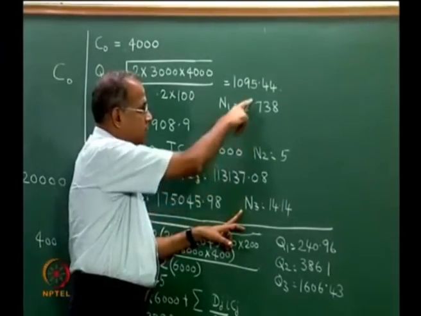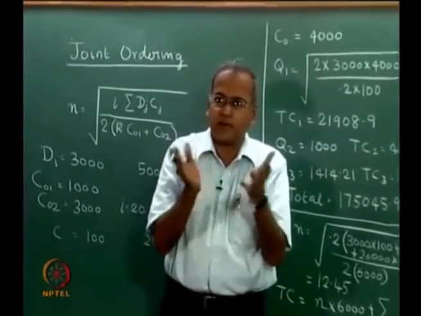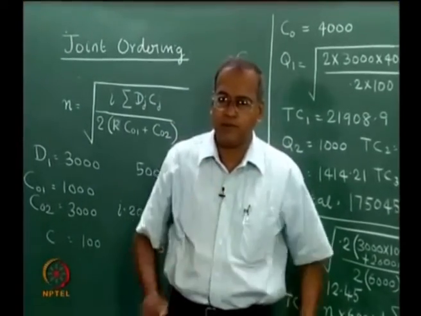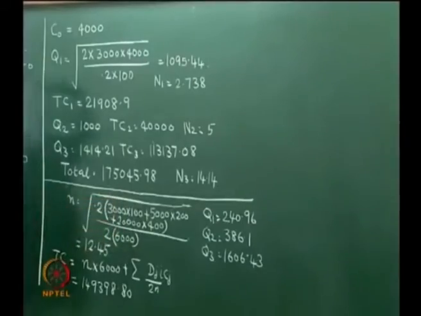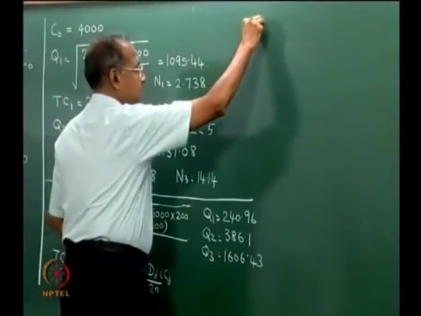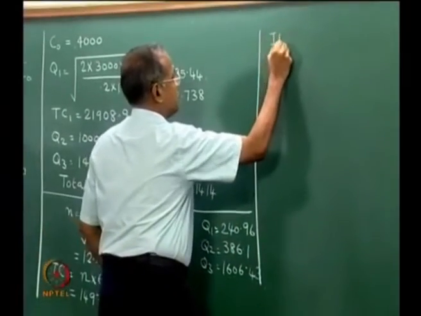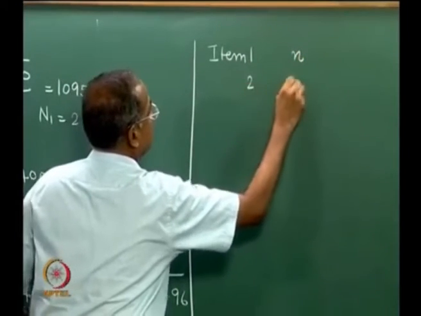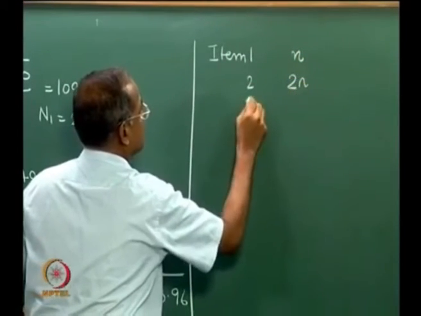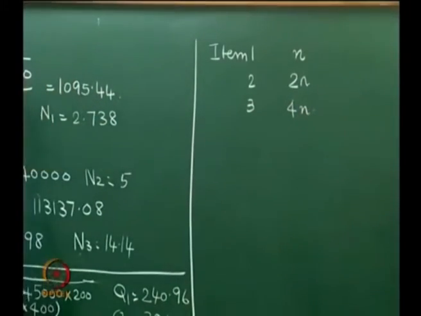So it is roughly 1:2:5, but then 1:2:4 is a very comfortable integral multiple. So we could think in terms of 1:2:4, and then we say that item 1 will have n orders, item 2 will have 2n orders, and item 3 will have 4n orders.